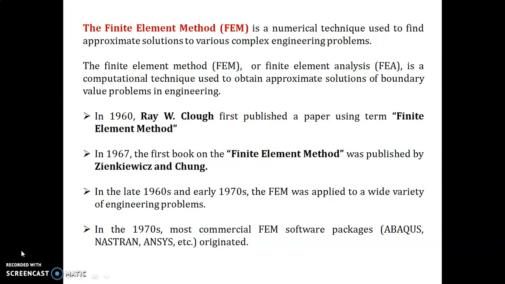It includes production and aerospace industries and many other design industries also. And in the 1970s, most commercial FEM software packages like Abaqus, Nastran, ANSYS originated. So this is the brief introduction about the finite element method.